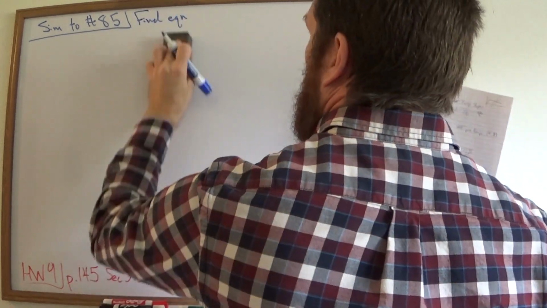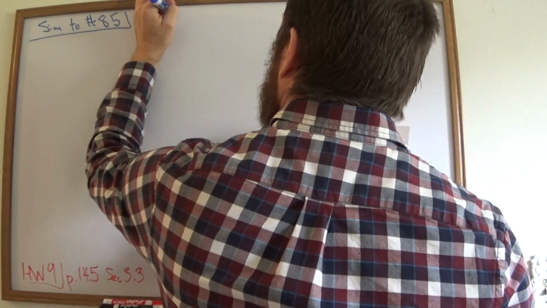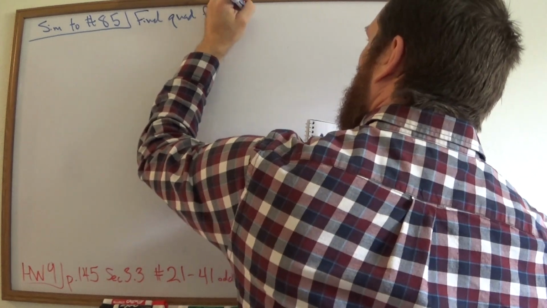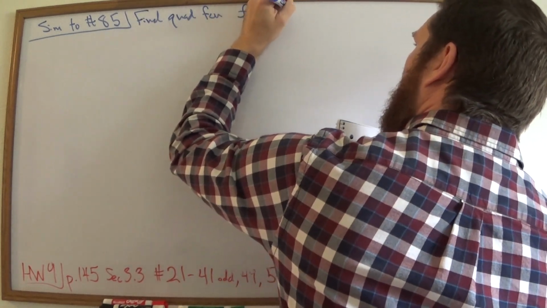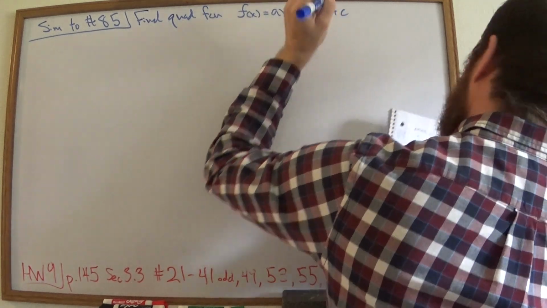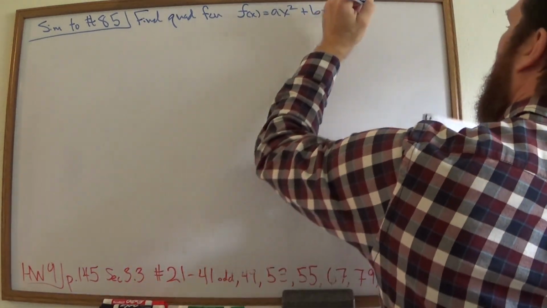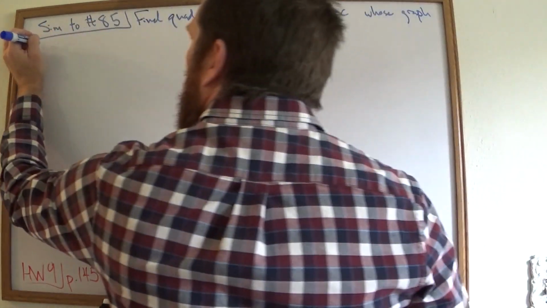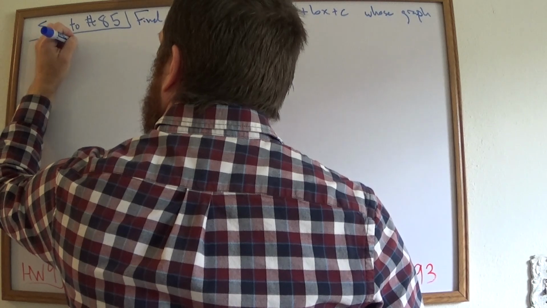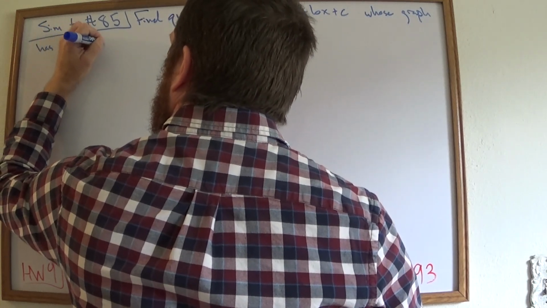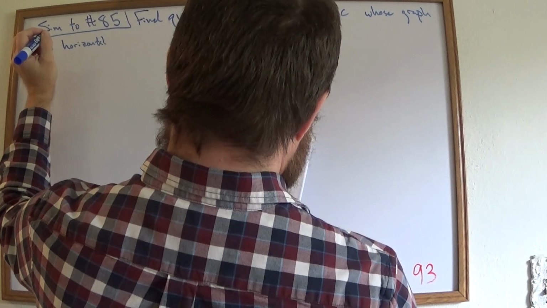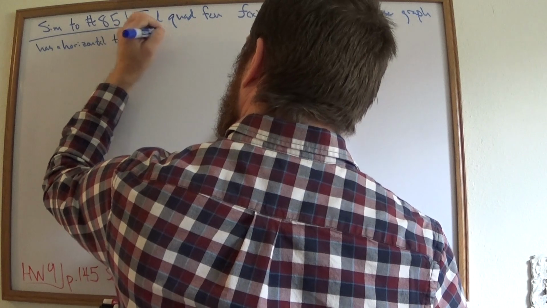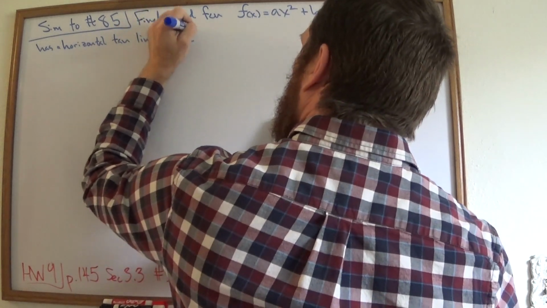Find a quadratic function, in other words, f of x equals ax squared plus bx plus c, whose graph has a horizontal tangent line at the point 1, comma 2.